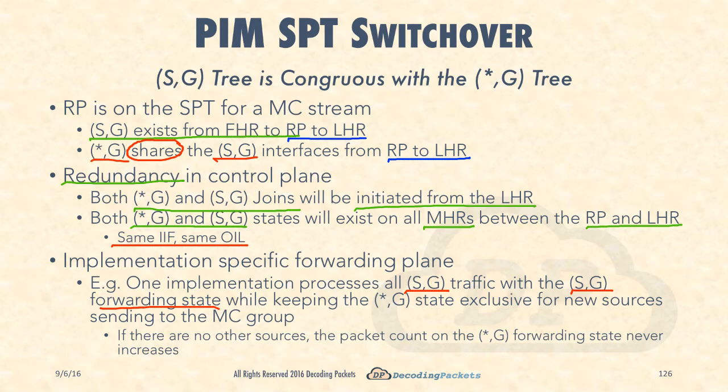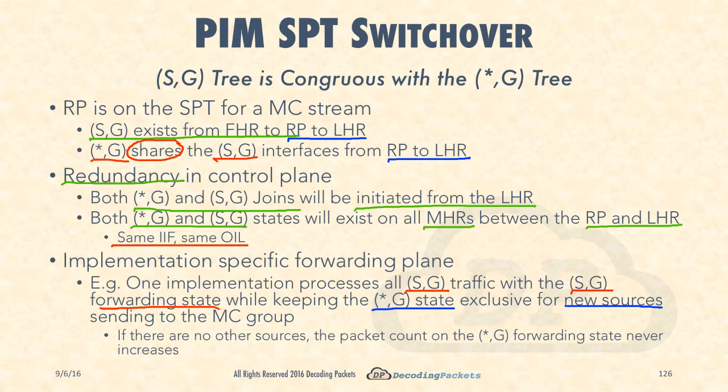What it is using the star,G state for is only new sources that may show up. Because remember, there could be multiple sources sending to the same groups, so the RP needs to keep that star,G state fresh for those sources. But for the known source, the S,G, it's going to use the S,G forwarding state exclusively.